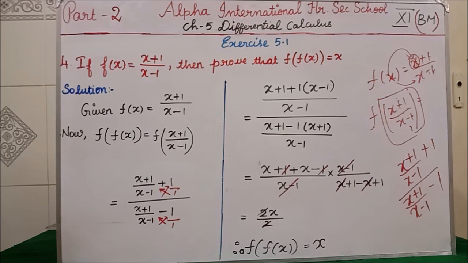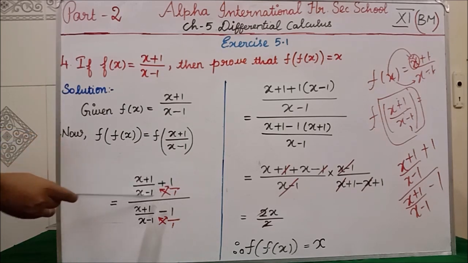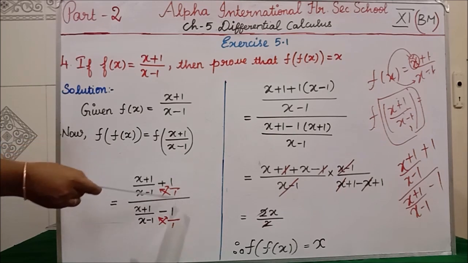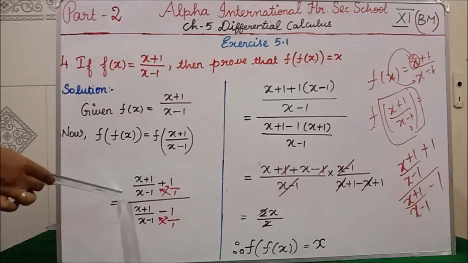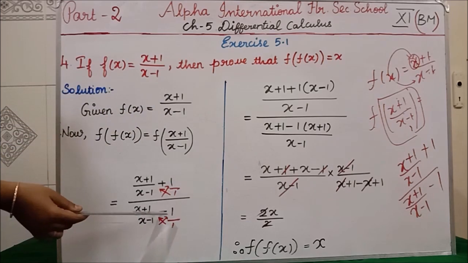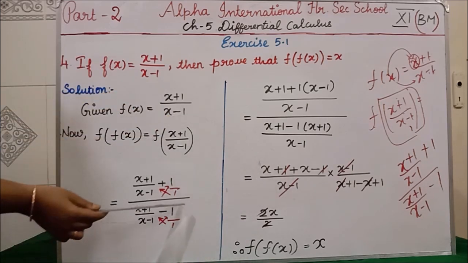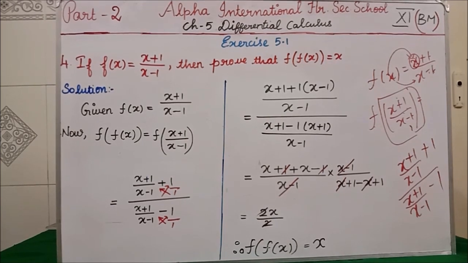Divided by, what I told in cross multiplication, you have to go from right to left and left to right. Then the denominator part you have to multiply. x minus 1 into 1 is what? x minus 1. All divided by, again 1 into x plus 1 is x plus 1, minus sign, 1 into x minus 1 is x minus 1.